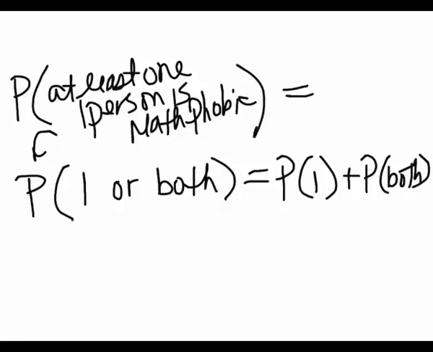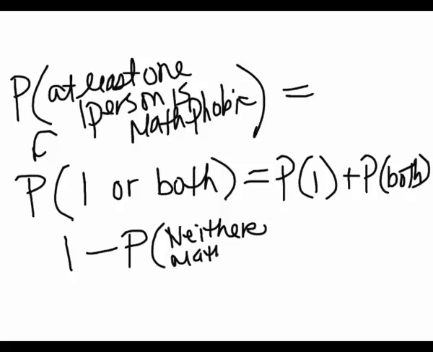Wouldn't the probability of at least one person being math phobic be the same thing as 1 minus the probability that neither of them are math phobic? Okay, now think about that. What's the complement of at least one person being math phobic?